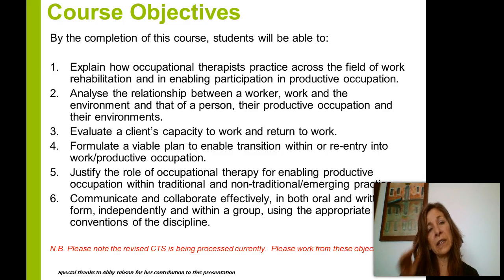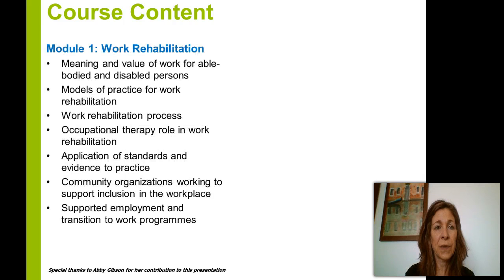And just so you're aware, these objectives may be a bit different than what's on the CTF on the course site for the university. This is being updated as we speak. So please work from this.